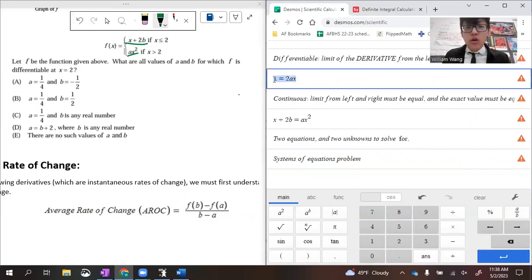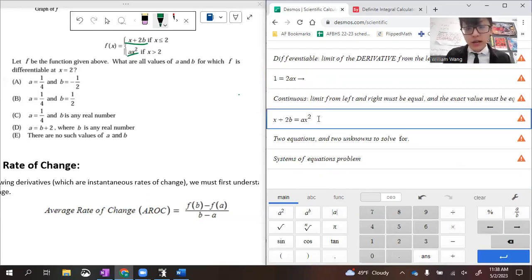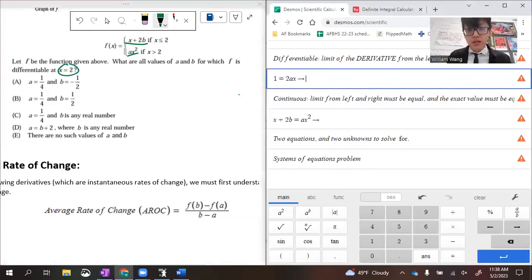So let's solve for this stuff. All right, well, what do I know? I know also I have two unknowns, which are a and b, but I know x is 2. So I can change these equations. This equation is actually 1 is equal to 2a times 2.